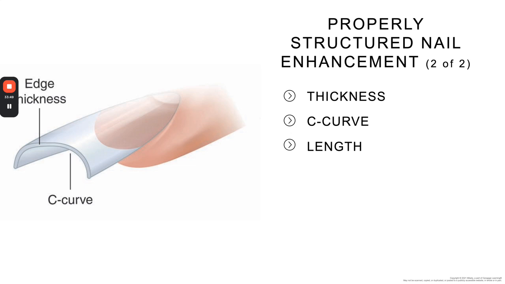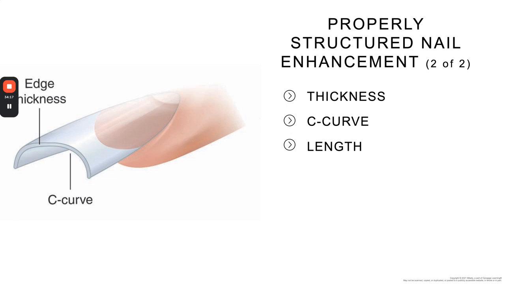It also should graduate seamlessly from the cuticle to the end of the nail extension, and your sidewalls and the tip's edge should be, again, credit card thin. So if you look at the free edge, that should be as thin as possible. Again, the thickness should only be in the apex area. The cuticle should be thin. A lot of times, beginner nail techs struggle with sealing the cuticles and making them not so thick.